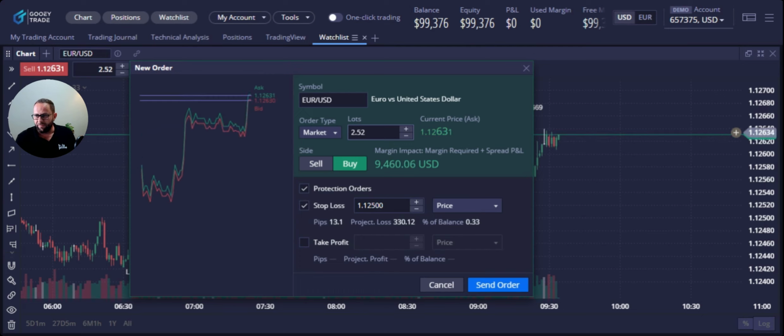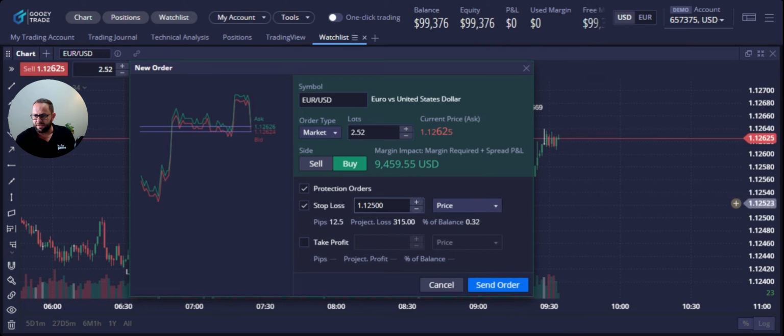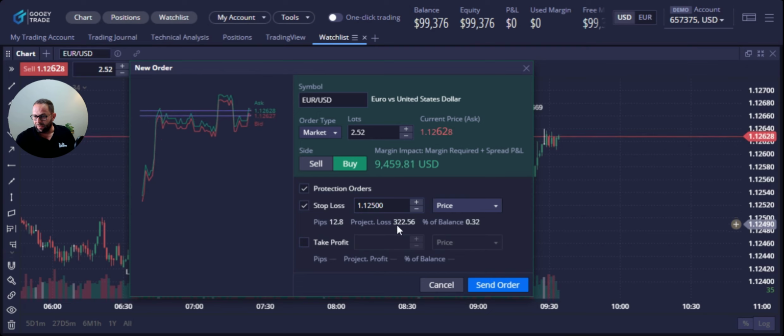For example, if you had a $25,000 account and you wanted to place a stop loss at 1.2500, like we just did over here, then let's say 1% of that is all you want to risk on that account, that would be $250. Now, currently, with 2.52 lots, it would be $325. So we'll have to decrease that.